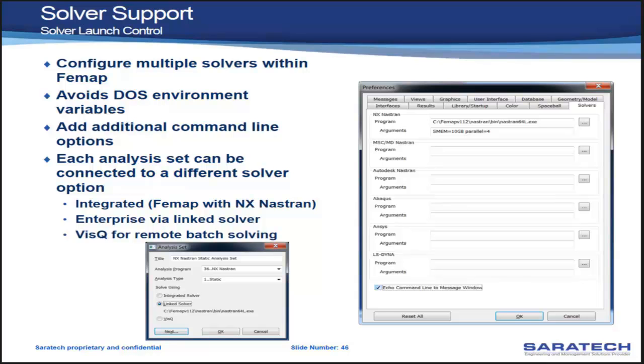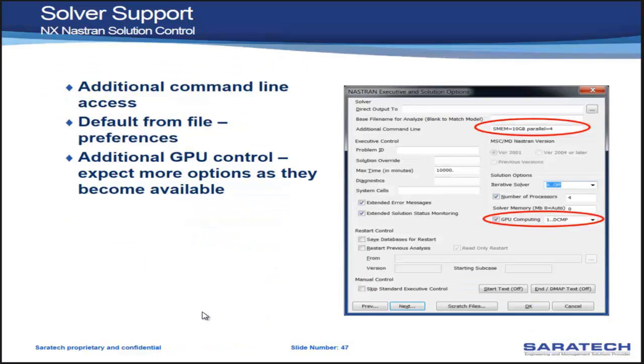So here you can add any additional solvers, you can add multiple solver support in here, and then once you are creating the analysis set, you have the option to choose the linked solver and go ahead and use that.